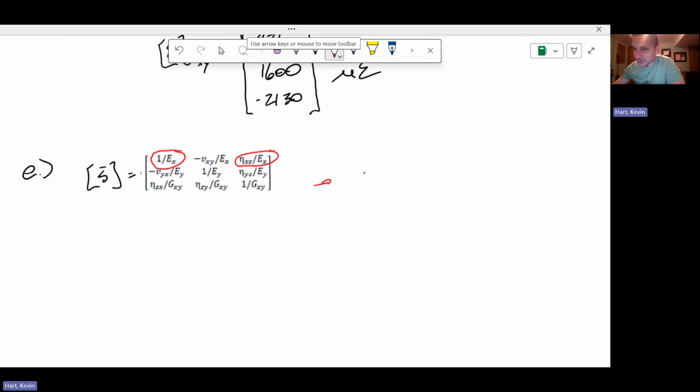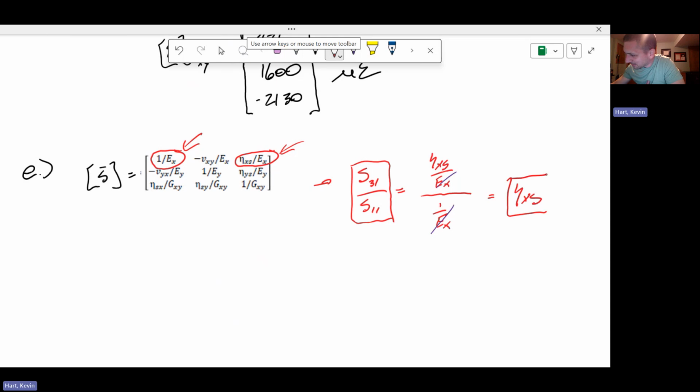So if you look at this and you say, all right, S bar 3-1 divided by S11, that's okay. This is the 3-1 entry. This is the 1-1 entry. So this is eta XS over EX divided by 1 on EX. All right. So in this case, you would get these EX terms canceling, and this is just going to end up being eta XS, which is what you're looking for. So 3-1 divided by 1-1 is eta XS.